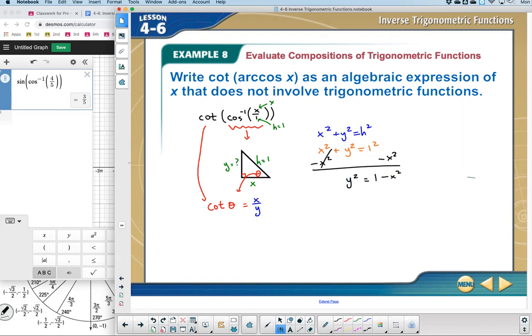Now the step to get y by itself is to take the square root. Normally we do plus or minus, but with inverses we do quickest occurring, so I'm only going to be dealing with the positives. We're going to say y equals the square root of 1 minus x squared. That's my y, so now I can get my solution. My solution would be x over the y, which is x divided by the square root of 1 minus x squared. Fortunately, we can't leave our answer in that form, so I'll write it all back out.